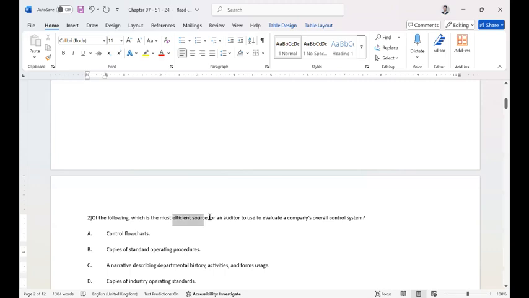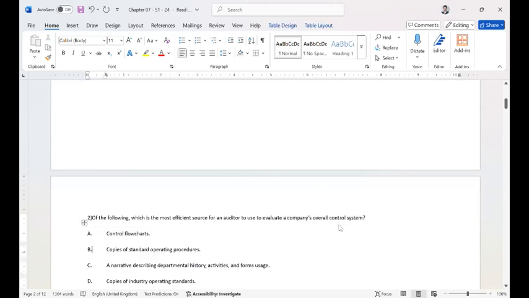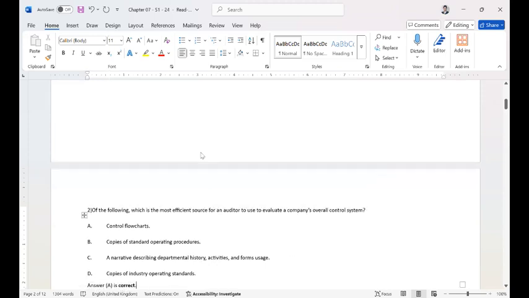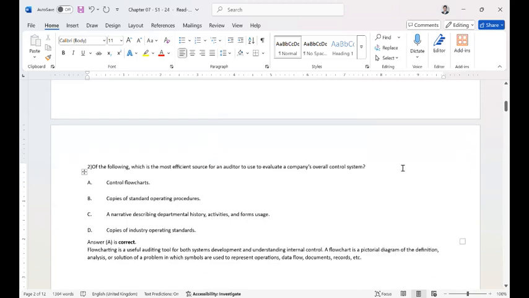Most efficient source for us to evaluate the company's overall control system. Is it control flow charts or is it SOPs? What do you think is the answer? Any guesses? Control flow charts. Yes, flow charts are the best way. Can you look at the answer here? Can you read the answer?